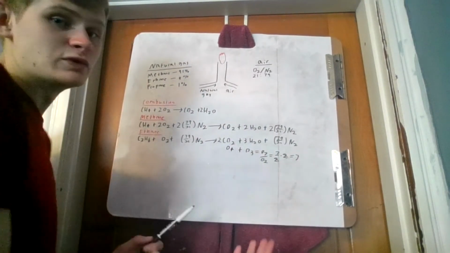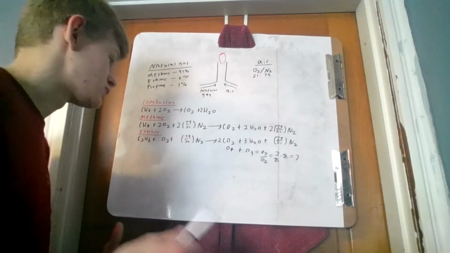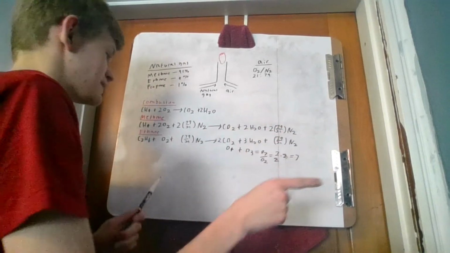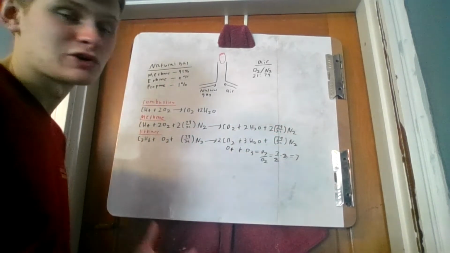So this proves that our ratio is correct, that what this side is going to produce is also going to be produced on the right side. So we then have a balanced equation.